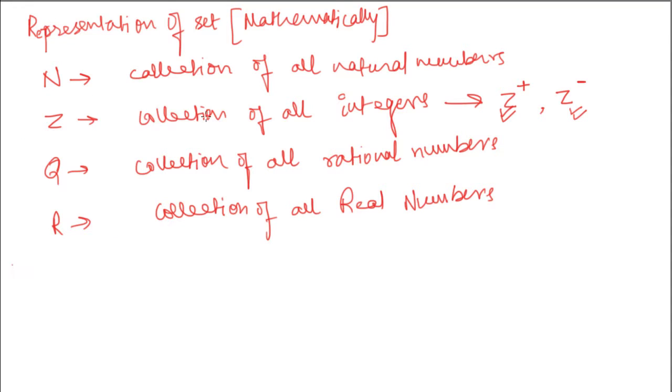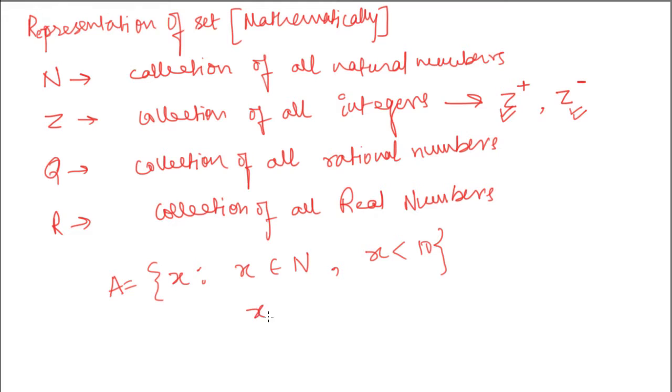I hope you know what natural numbers, integers, rational numbers and real numbers are. We are understanding this because in set builder form we'll be using it this way. Let's suppose I am writing a set A, elements are x such that x belongs to N, and x is less than 10. So we need to know what N means.